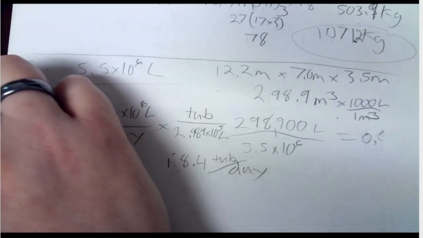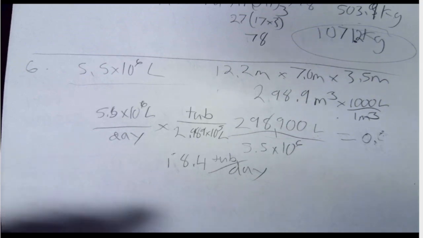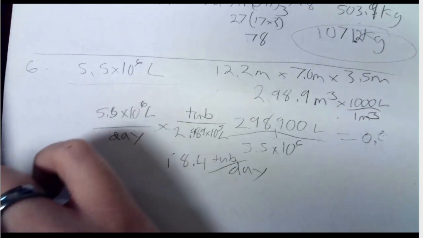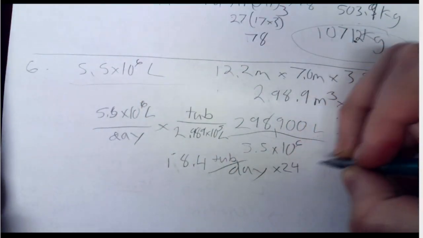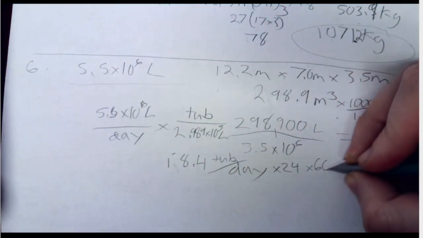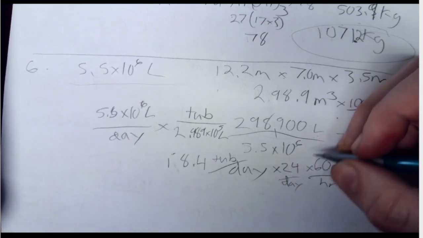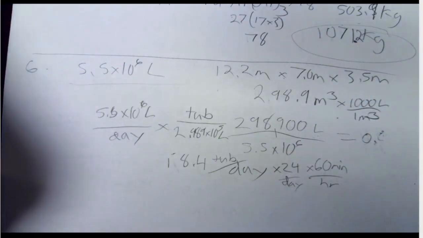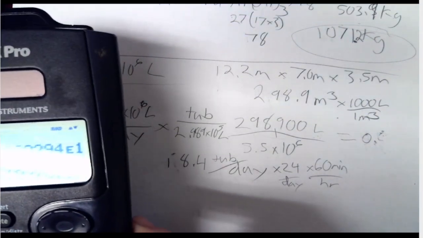Now, with that in mind, how long is that? Does each tub get per hour, per minute, per second? Because we really need this in seconds. So there's 24 hours in a day, so we're going to multiply that by 24. Then there's 60 minutes in an hour. Actually, it's the other way around.